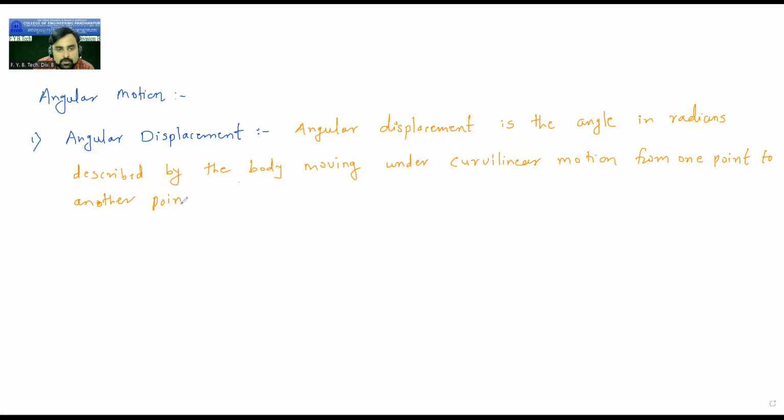Okay. So angular displacement is the displacement of the body from one point to another in curvilinear motion. So you can say the circular displacement.